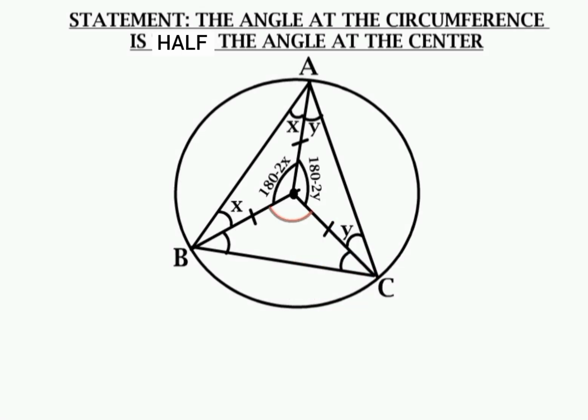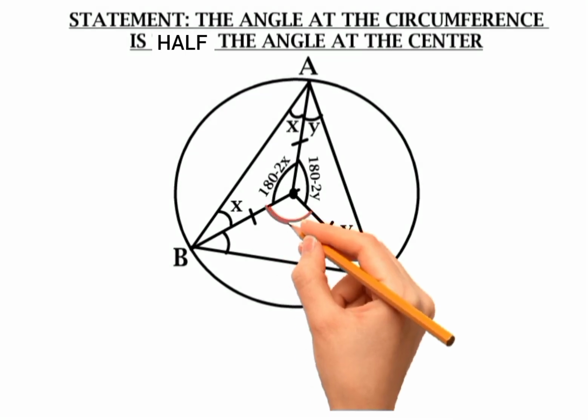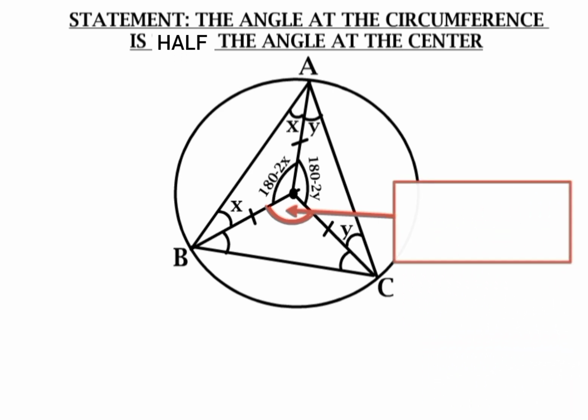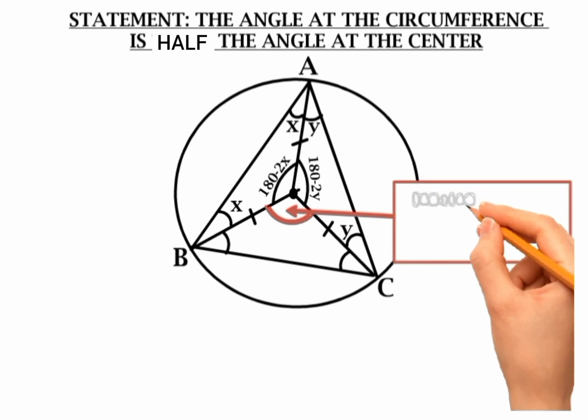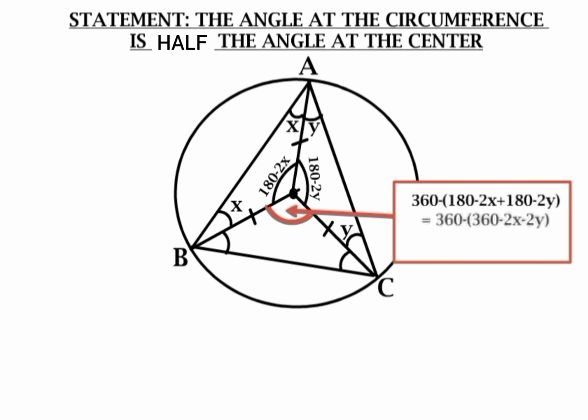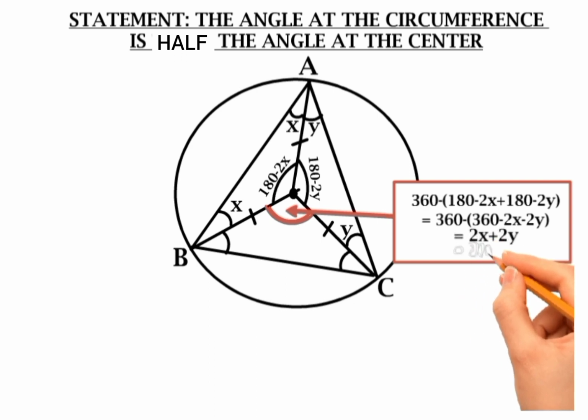To calculate the angle at that point, we just need to subtract the sum of the 2 angles we have from 360 degrees. Of course, this is a variant of our basic algebra. Thus, we have 360 minus (180 minus 2x plus 180 minus 2y). By simplification, we have 2x plus 2y, which is equal to 2 times (x plus y).